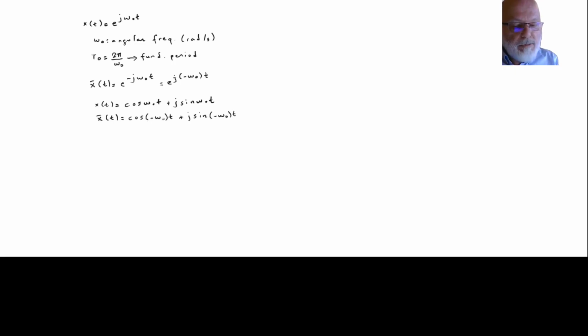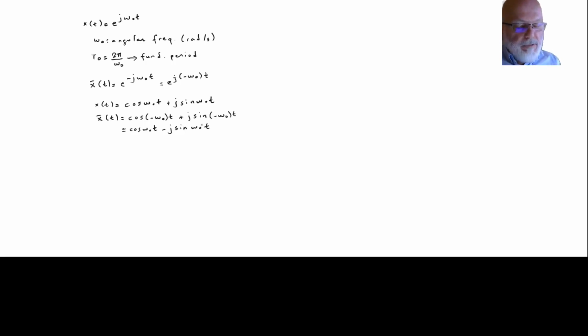Now, cosine minus omega 0 t is cosine omega 0 t once more. And sine minus omega 0 t is minus sine omega 0 t. So we have minus j sine omega 0 t.